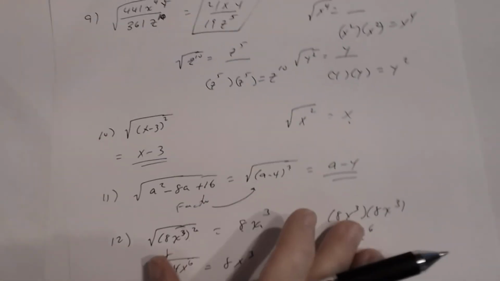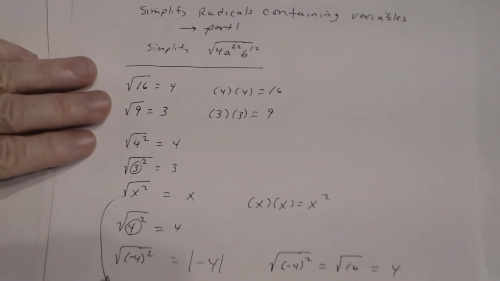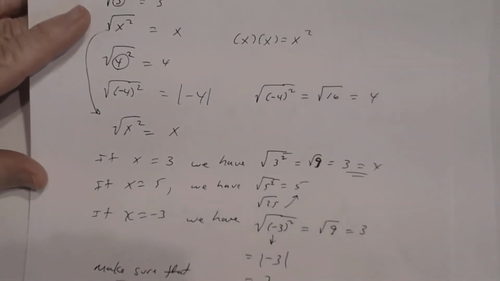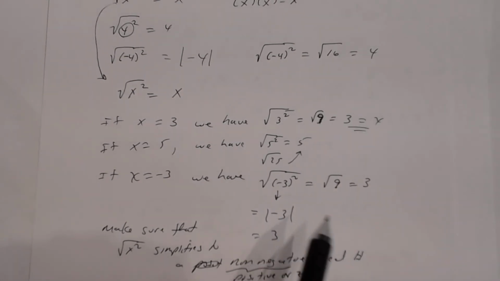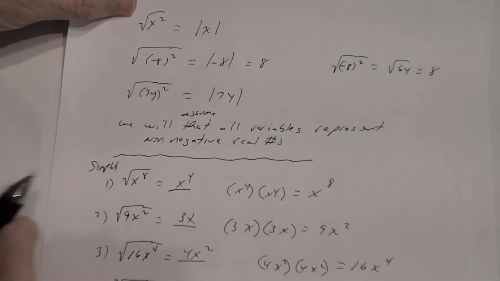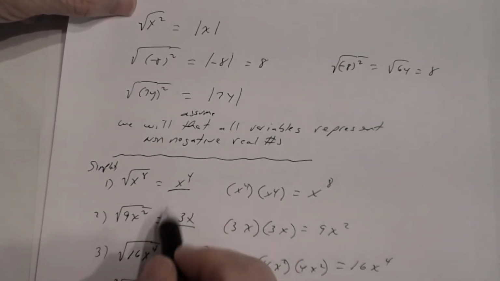Okay, so that is what I wanted to talk about in this lesson, where we talked about simplifying radicals containing variables. And remember, from this point forward, you don't have to worry about absolute value at all. So don't even worry about enclosing any of your answers in absolute value. Don't put absolute values anywhere.